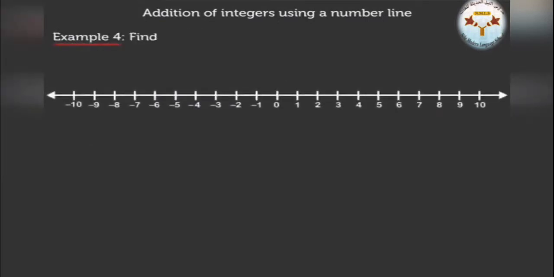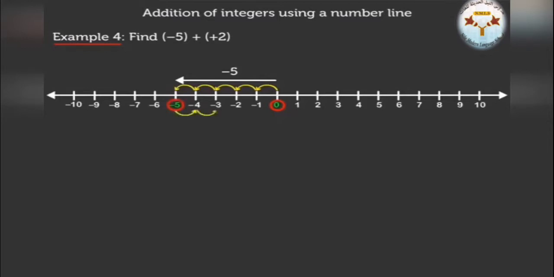So let's see example 4. Find negative 5 plus positive 2. Again, start from 0, move 5 places in the negative direction to show negative 5.